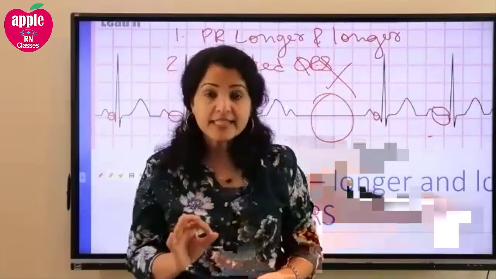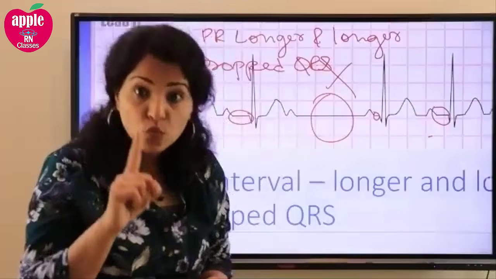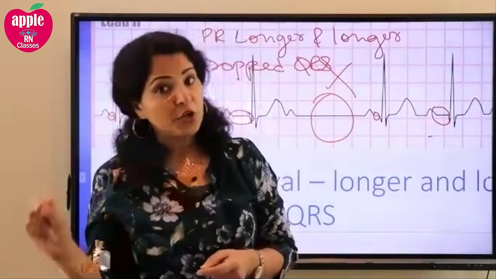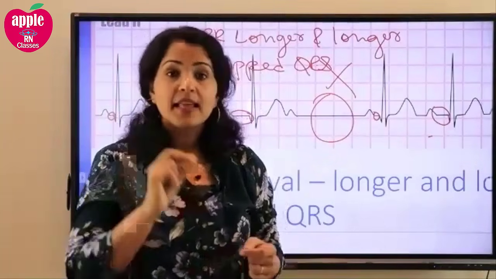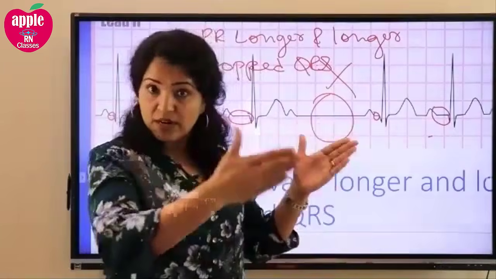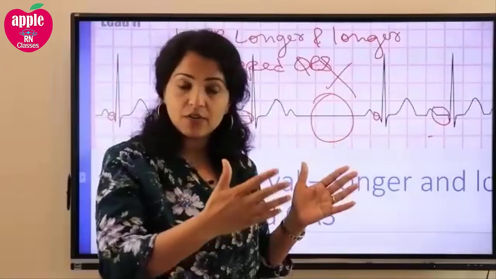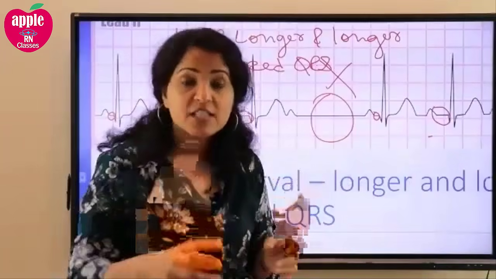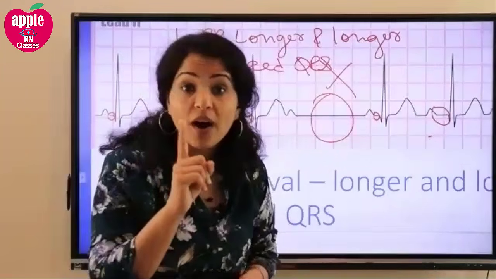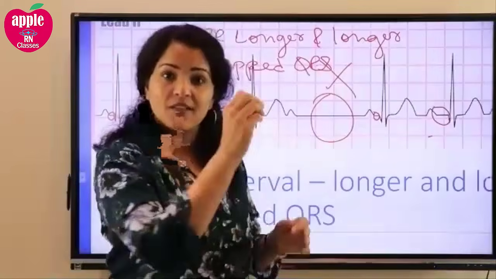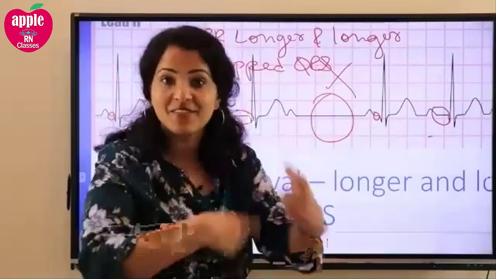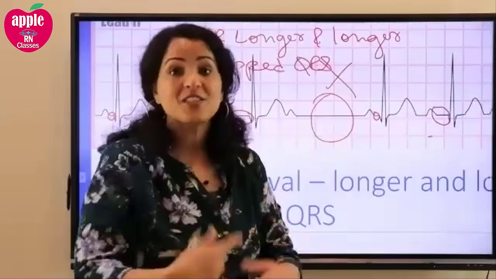So every time in type 1 of second degree block, if you count the number of P and QRS in a 6-second strip, or in a set of beats, there will always be at least one dropped QRS. P will always be there, but the QRS will drop. Then the cycle will repeat. That's what is going to happen.